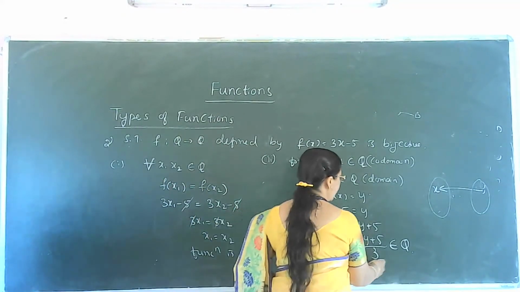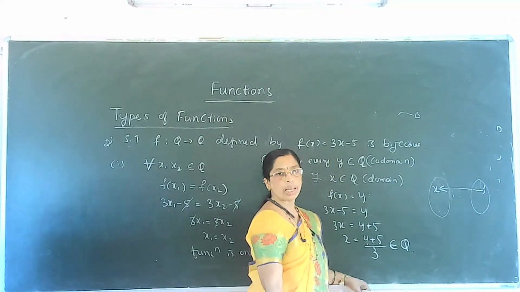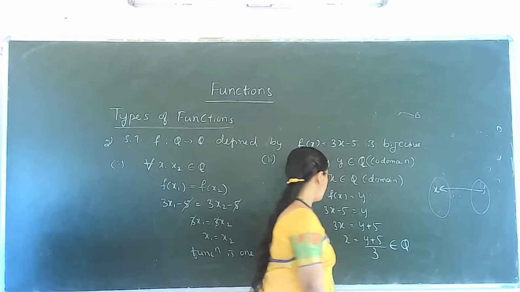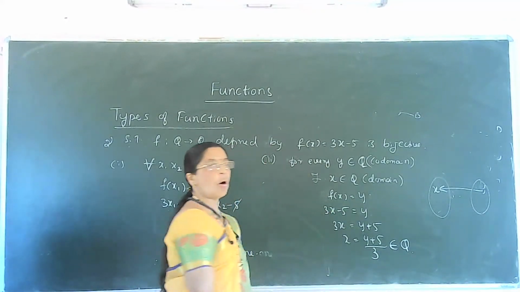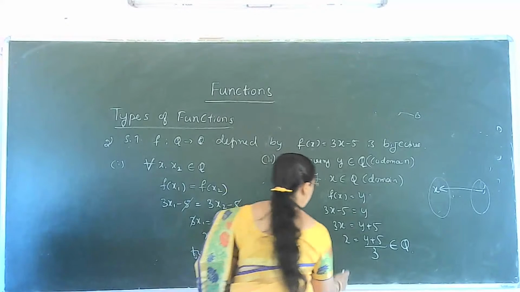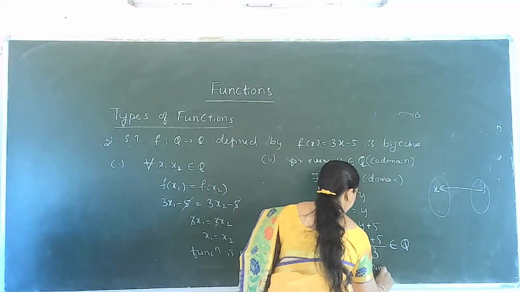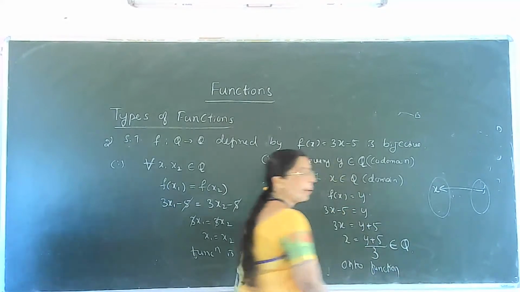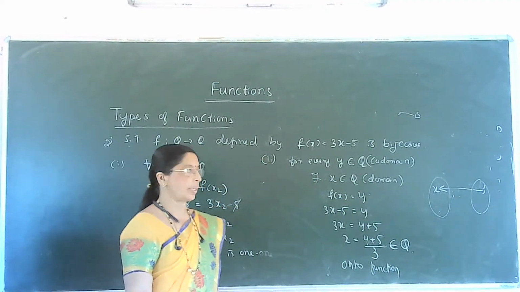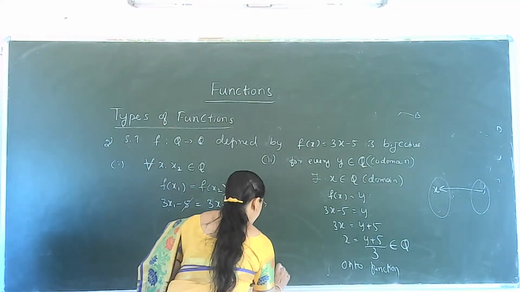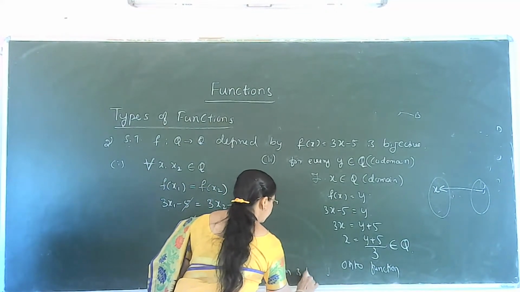But y plus 5 by 3 belongs to Q because it is a rational number set, therefore it belongs to the domain. Therefore, it is an onto function. The function is one-one and onto, therefore the function is bijective.